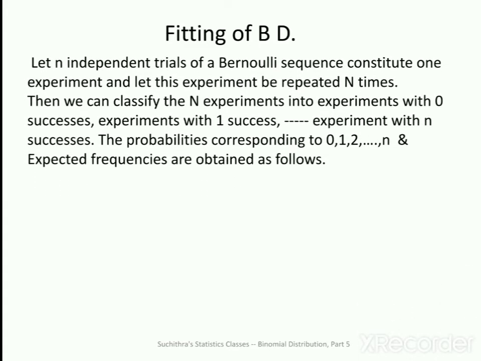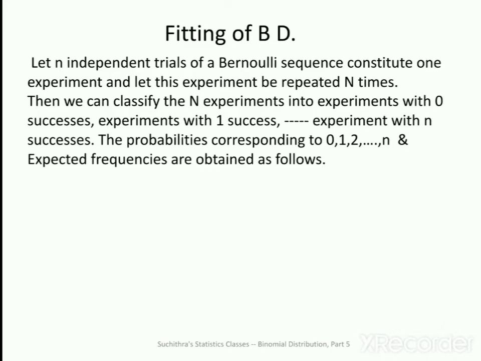Let small n independent trials of a Bernoulli sequence constitute one experiment, and let this experiment be repeated capital N times. That is, a binomial experiment is repeated capital N times.